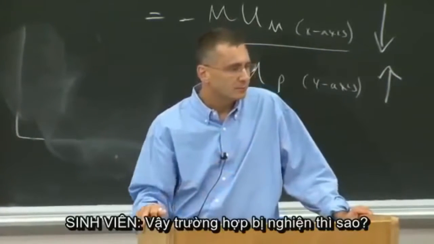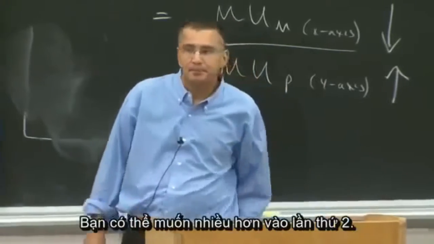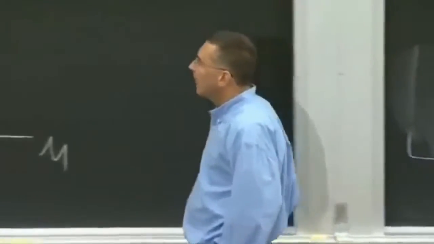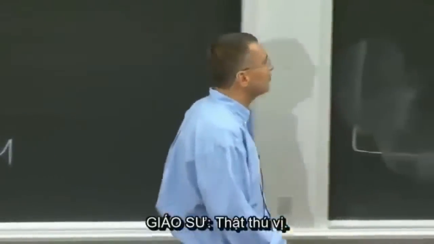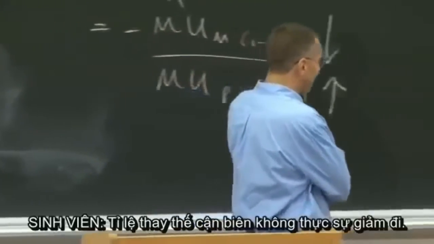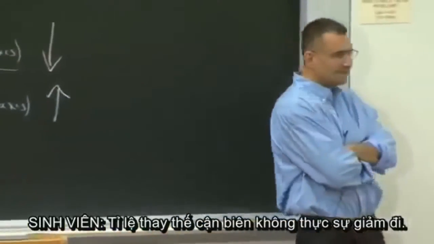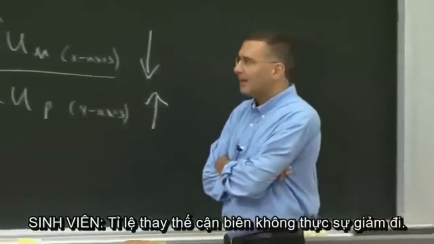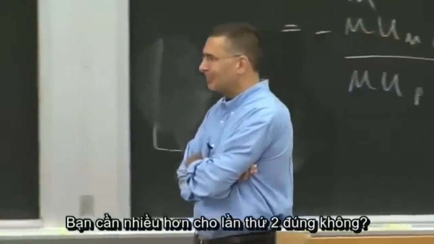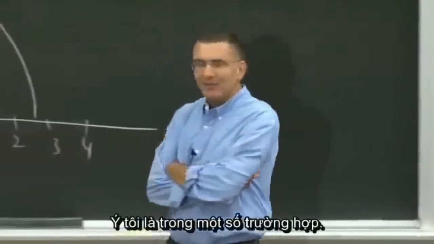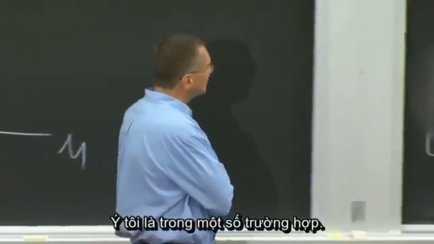What about addictions? You can want it more the second time. That's interesting. So how would addiction work? I guess it's not really a decreasing rate of return, because you need more the second time, right? Interesting. In some sense, yeah.